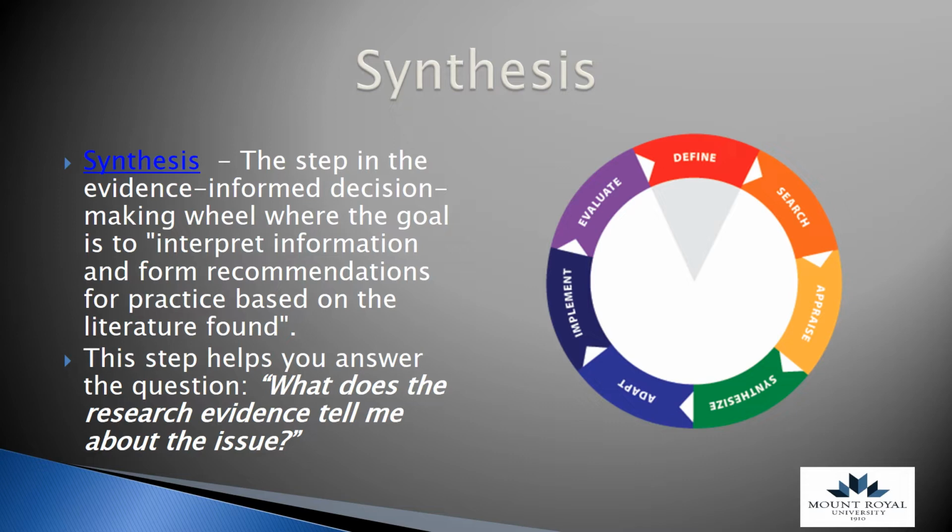And this step is a really important piece because it helps you answer the question, what does the research evidence tell me about this issue? And it also prepares you for the next step, the adapt step, where you would look at those recommendations and figure out how you're going to adapt them for your specific clinical setting.